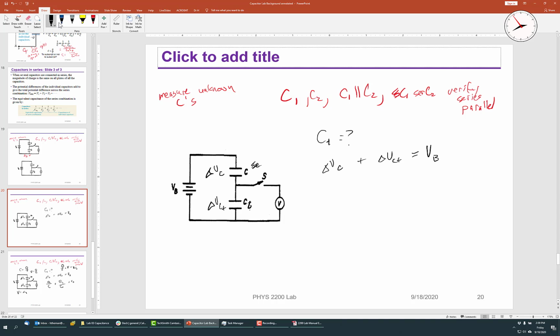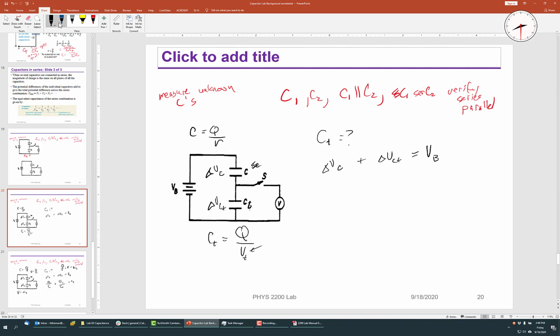We know that C equals Q over V, and so CT equals Q over V test, which happens to be V. One thing here is that we don't know Q, we have no way of measuring it.